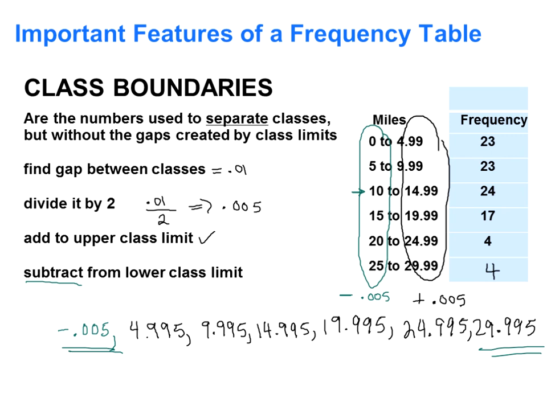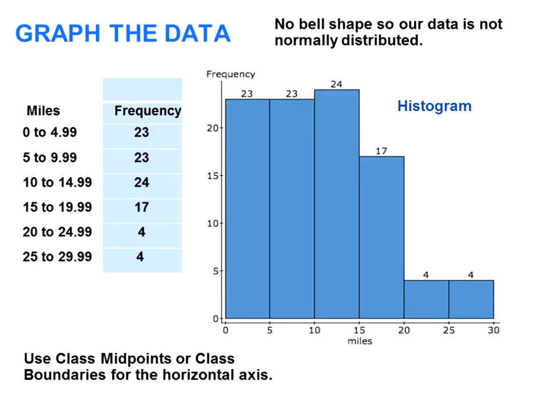All right, so that's one way of finding class boundaries, and this is important because when you get to your histogram, which is right here, that's how you're going to label the horizontal axis. Now, these numbers are not supposed to be here, so I am erasing them.